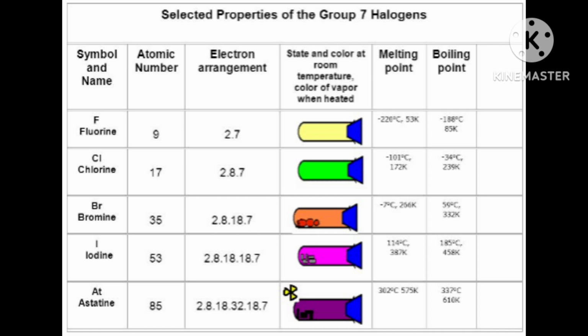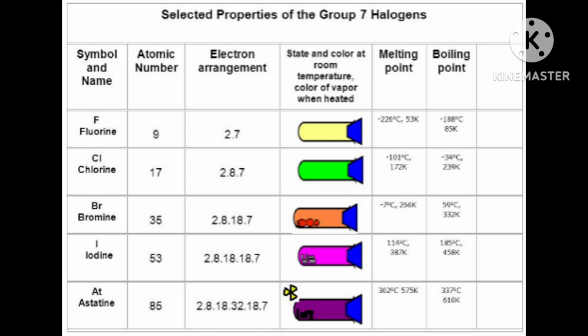Then for fluorine it is 2.87, for chlorine 1.36 volt, bromine is 1.09 volt, and the least is iodine, 0.54.